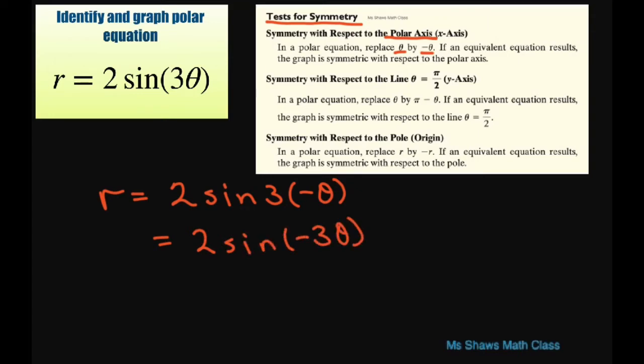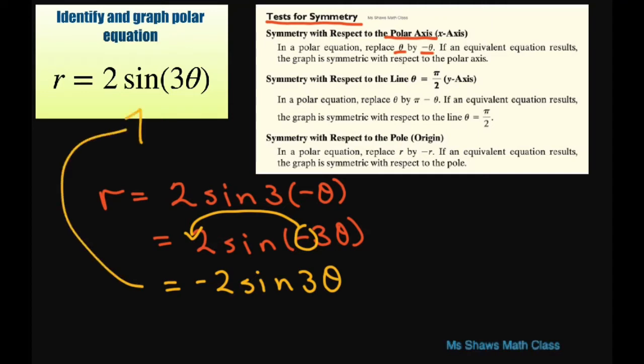Since sine is an odd function, we can pull this negative out and bring it in front here. So we have negative 2 sine of 3 theta. Since these two are not equivalent, we don't get an equivalent equation. It means our test fails. Therefore, our graph is not going to be symmetric to the polar axis, x-axis.